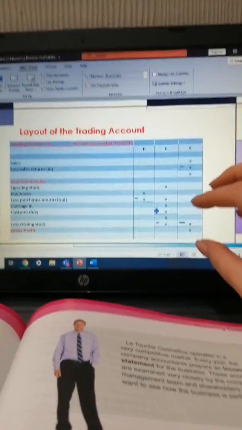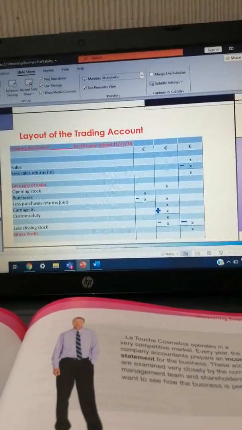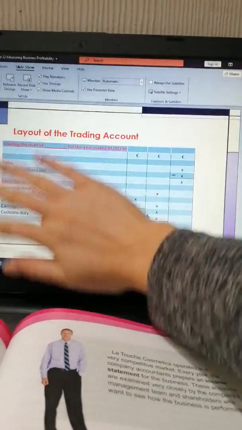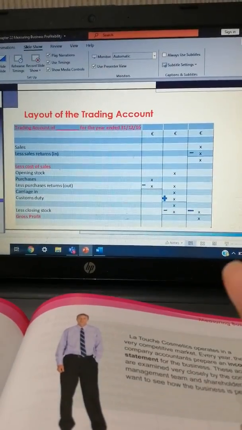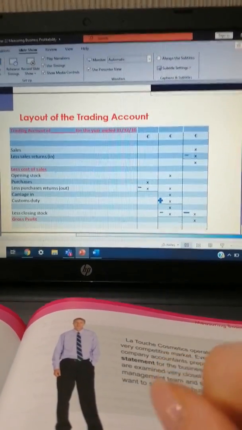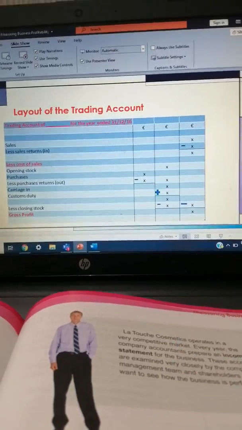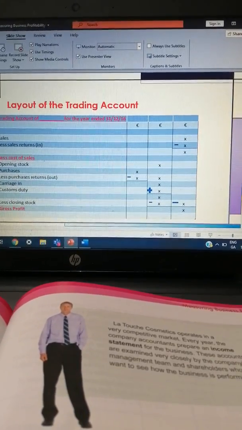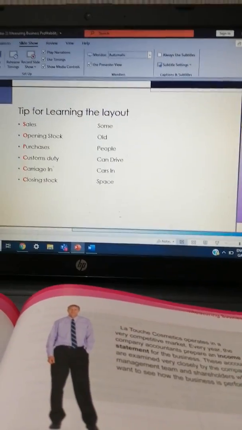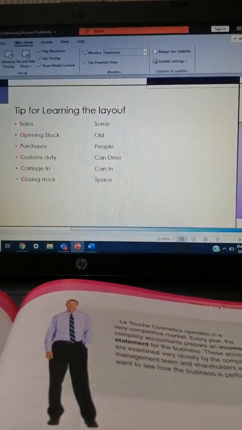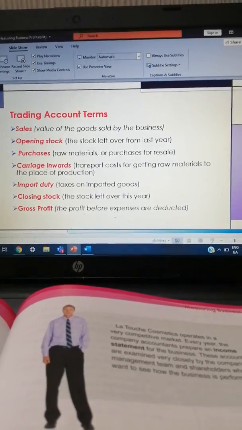So what you need to do now is learn off this layout. This whole layout, you need to be able to learn it off, because you'll be doing a question yourself like this. In the PowerPoints I have tips for how to learn the layout and so on.